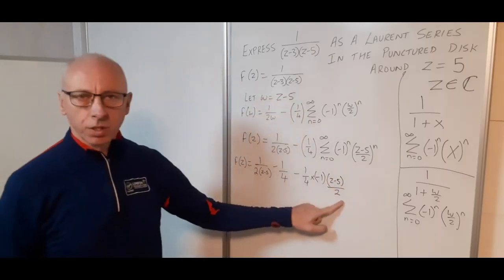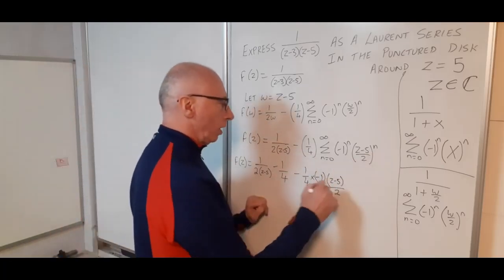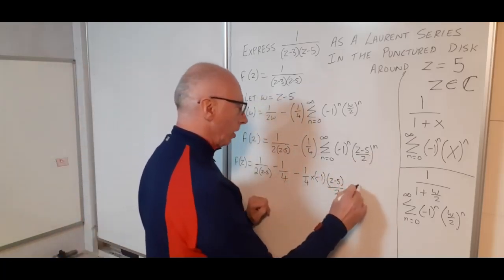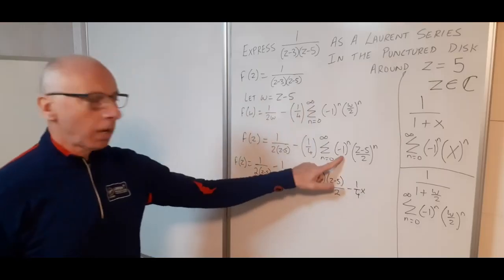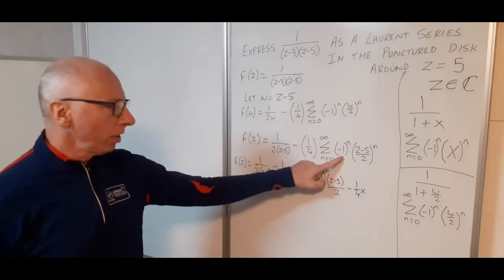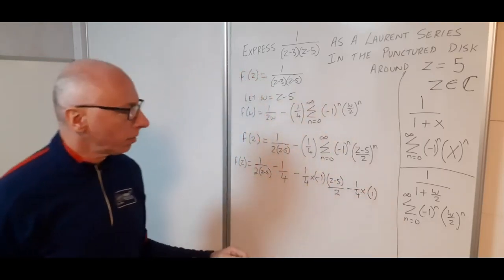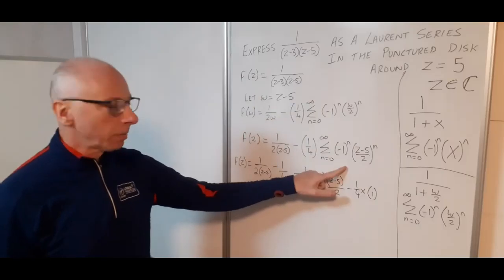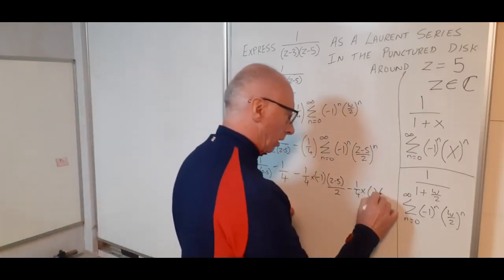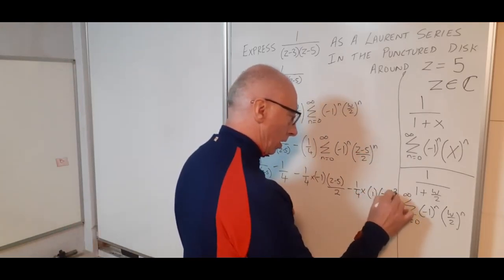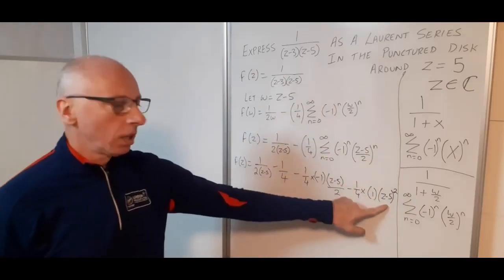So that's all of one term. Now, when n is 2, I've still got minus 1/4 times minus 1 squared, which is just 1. So I'm going to put the 1 in there, just so we can see that working in our summation. And I've got z minus 5 squared, and then 2 to the power of 2 in the denominator, which gives me 4.